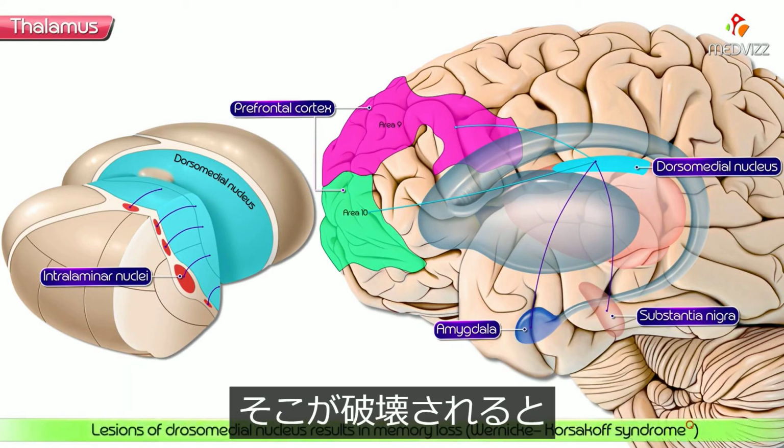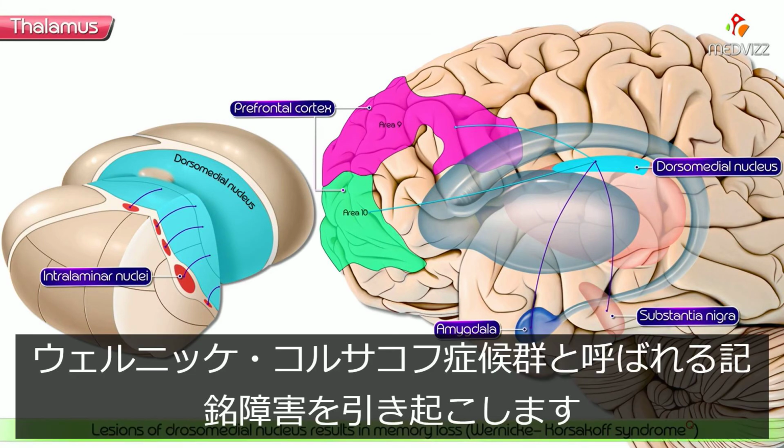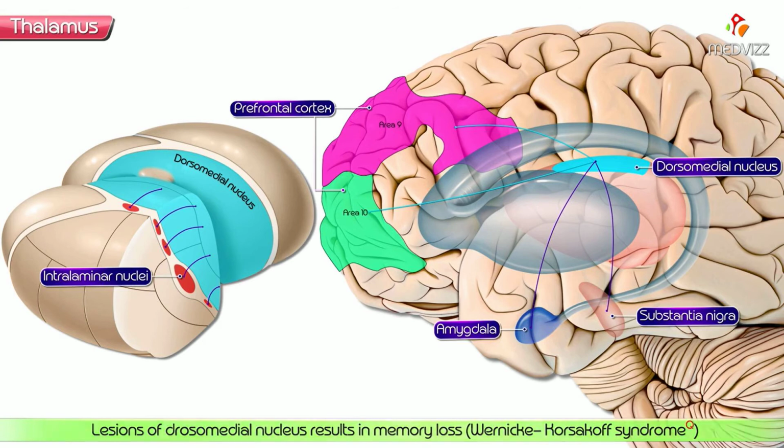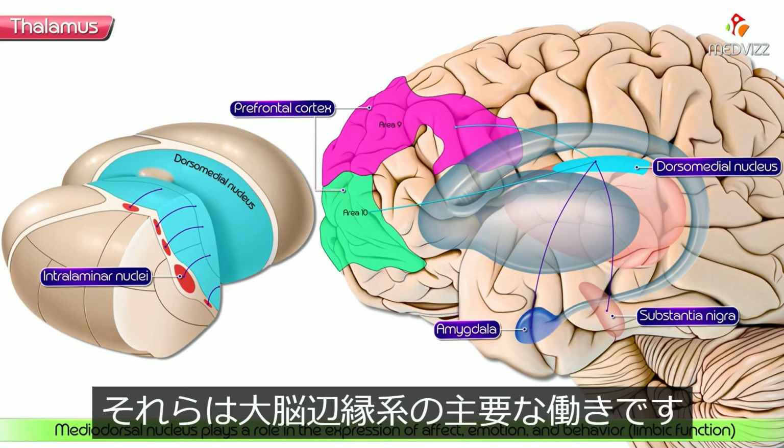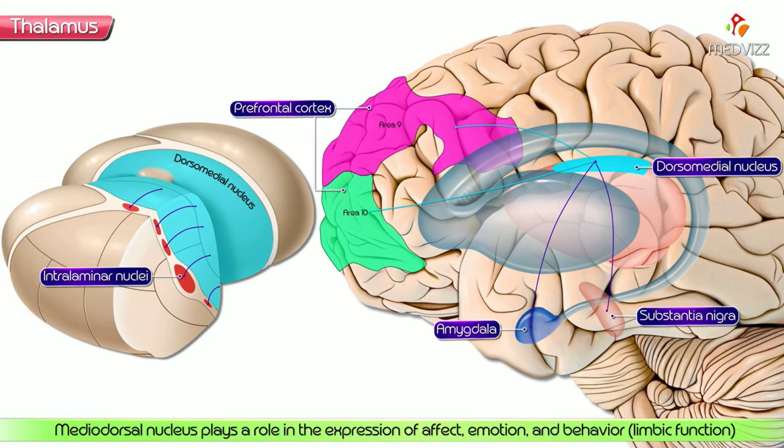When it is destroyed, memory loss occurs, and it is called Wernicke-Korsakoff syndrome. The mediodorsal nucleus plays an important role in the expression of affect, emotion, and behavior, which is the main function of the limbic system.